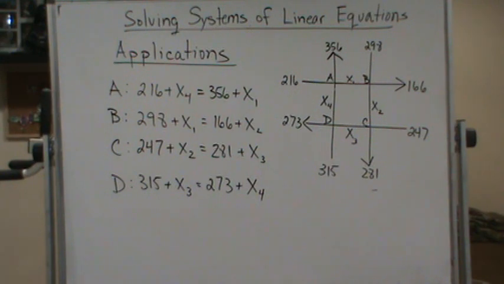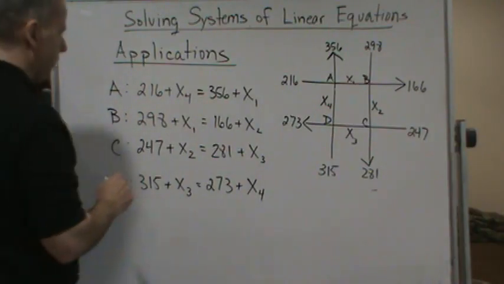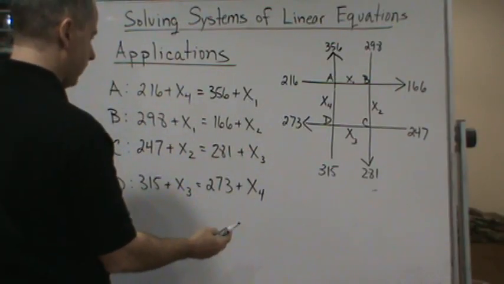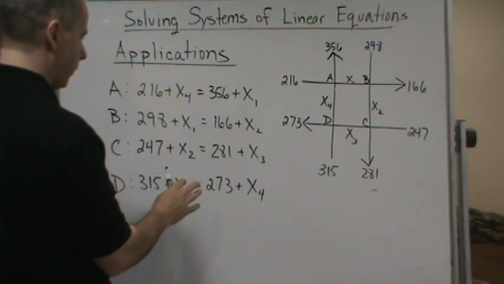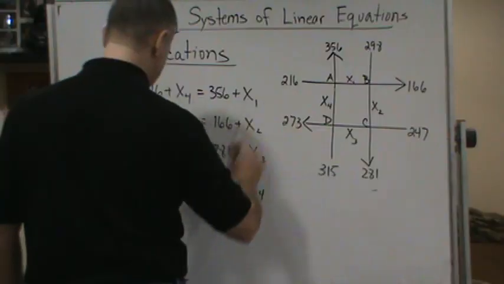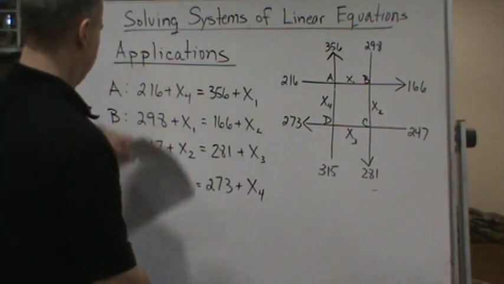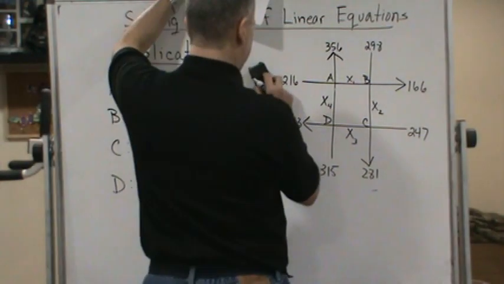So now B says write the augmented matrix for the system of equations in reduced row echelon form. All right, so now let's write the equations. So we're going to move the variables to one side and the constants to the other side. Okay, now write this down because I'm going to erase this to give myself some room.